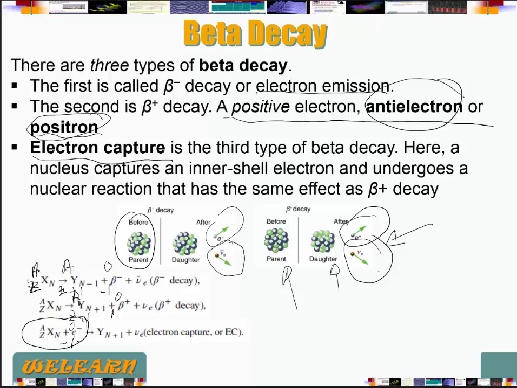So in this case, I have Z minus 1 on the left side for the charge, so I should have Z minus 1 here. And for A, it should remain as an A. And of course, we have the neutrino.